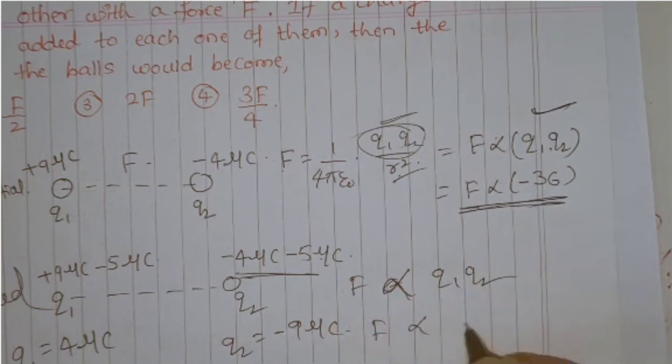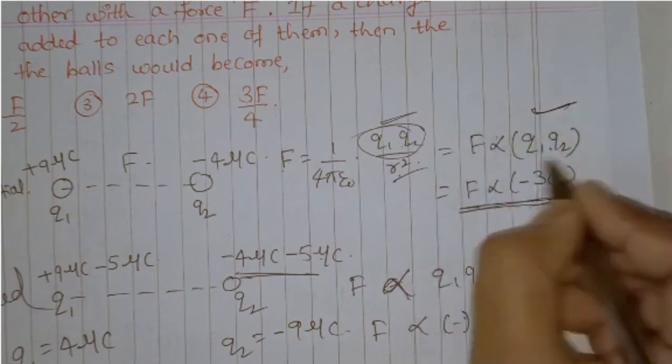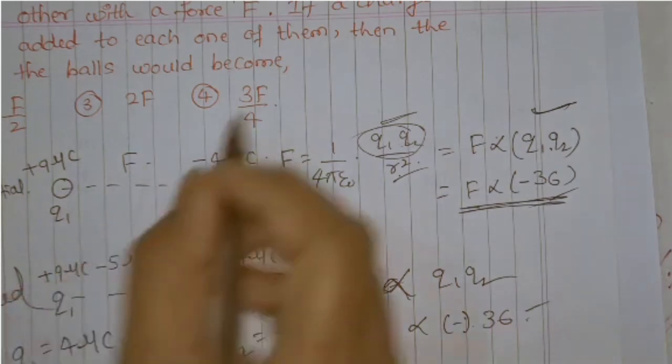Similarly, here F is also, I would write it like this, Q1, Q2. So F is directly proportional to what? I have taken the minus sign here. 4 nines are 36. So that means your force remains the same over here, because it is directly proportional to the magnitude of the product of the charges. That is what Coulomb's law says.